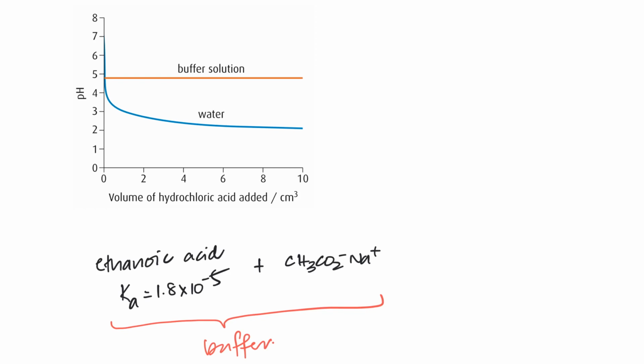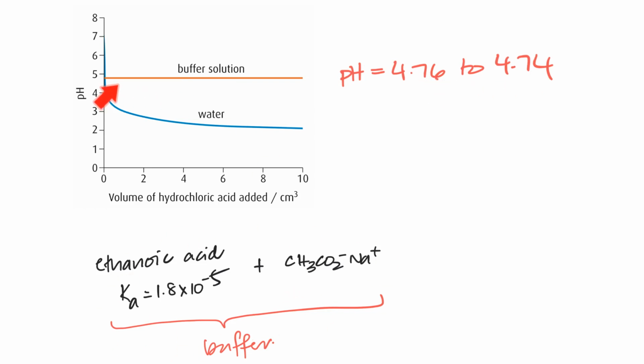Unlike the previous case, if I took 50 cm³ of the acid and 50 cm³ of the salt and mixed them together, and then added H⁺ ions, let's say HCl, the pH would go from about 4.76 to 4.74. Yes, there is a slight change, but it's a very nominal change.